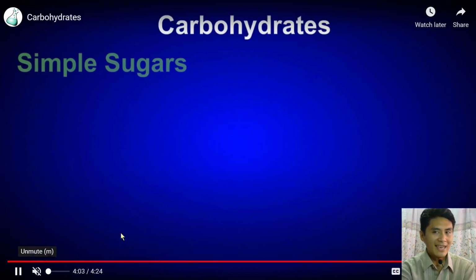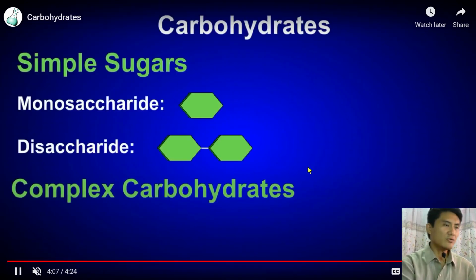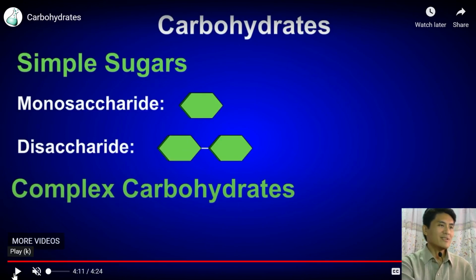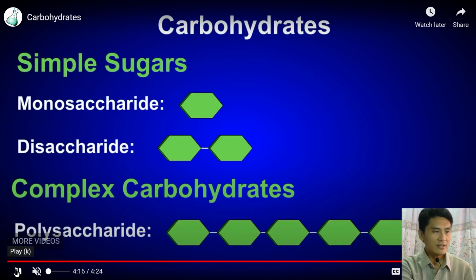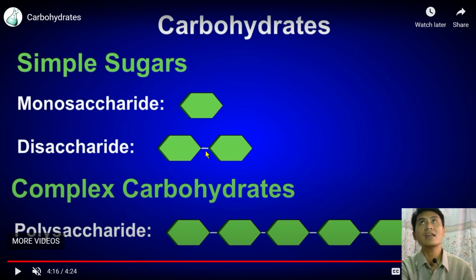So in summary, you can have simple sugars and complex carbohydrates. When we say simple sugars, we usually mean the monosaccharides and the disaccharides, and that is already six of them: glucose, fructose, galactose, and for the disaccharides, maltose, sucrose, and lactose. And then for complex carbohydrates, you can have three that we use for energy storage: two for plants, amylose and amylopectin, which we call starch, and glycogen for animals.